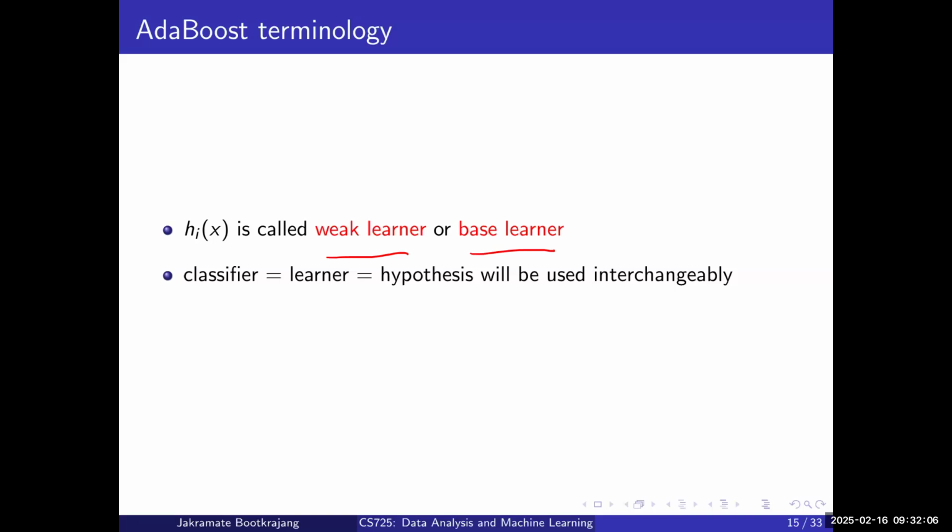When h_i is a weak learner, we want h_i to be very lightweight. It should have a small number of parameters so that it's weak but stronger than chance. One way to make a classifier weak: in a decision tree, we can manipulate the weakness by limiting the depth.